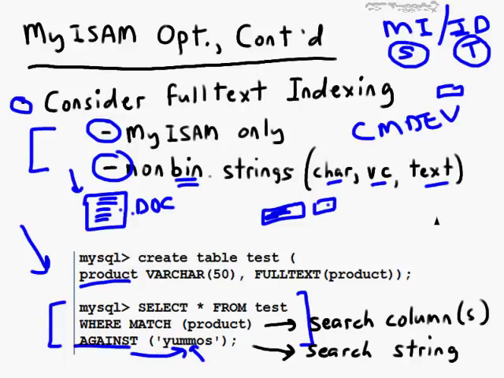I hope you have the general idea. Bottom line is, full text indexing is one of many neat things we can do to optimize and extend and enhance the performance of MyISAM tables.